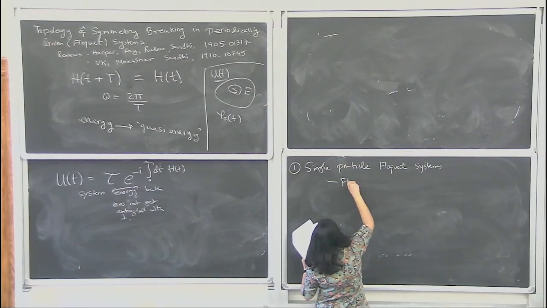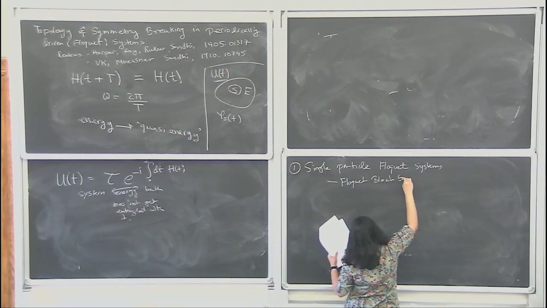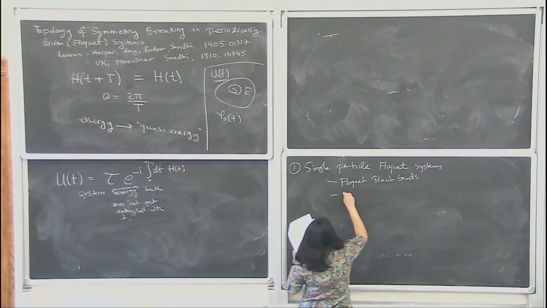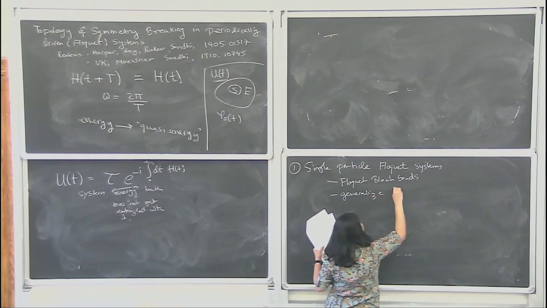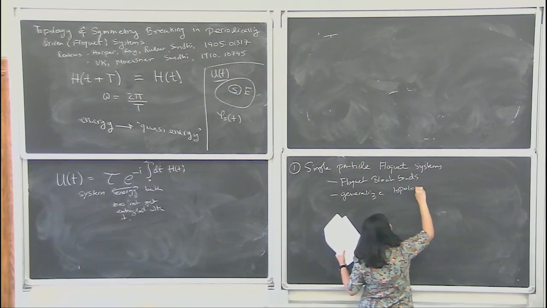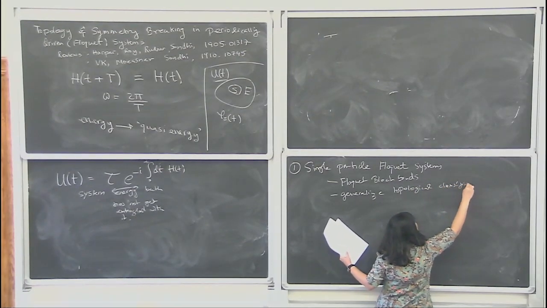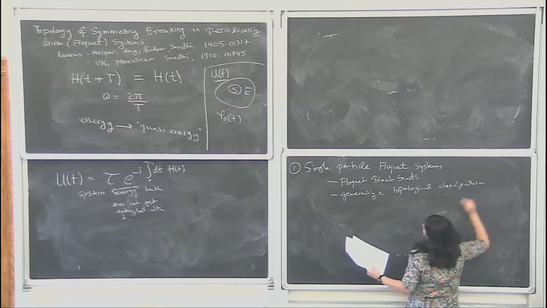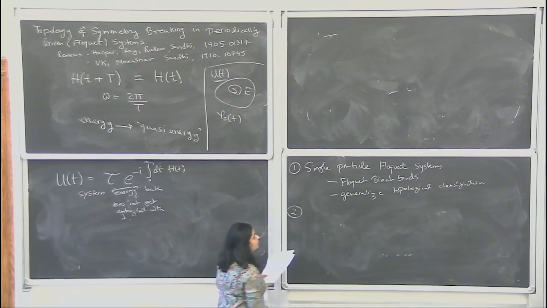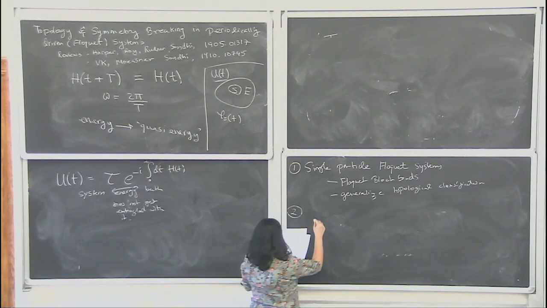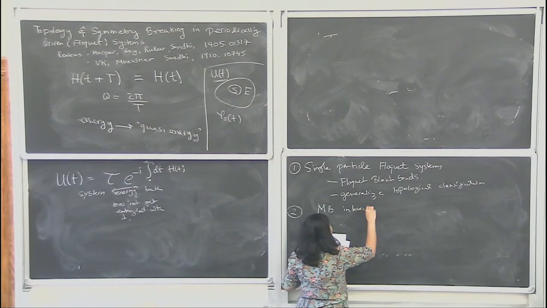We'll use this to talk about Floquet Bloch bands and generalized topological classifications to the Floquet setting. So that's mostly going to be today. And then in the next lecture, I'm going to turn to many-body or interacting Floquet systems.